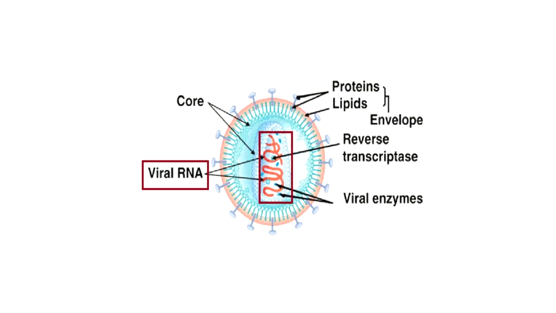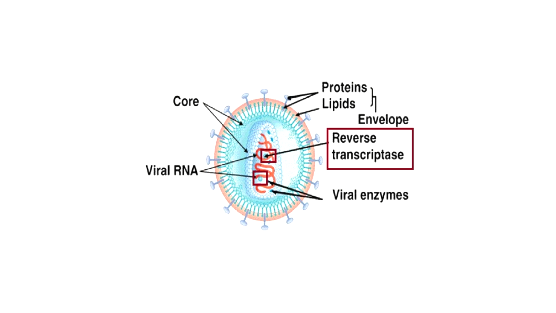Retroviruses are the viruses that have single-stranded RNA as their genetic material. And the single-stranded RNA is replicated through a double-stranded DNA intermediate. Now, when one of these viruses infects a cell, RNA is copied into double-stranded DNA, and this occurs with the assistance of an RNA-dependent DNA polymerase called reverse transcriptase.